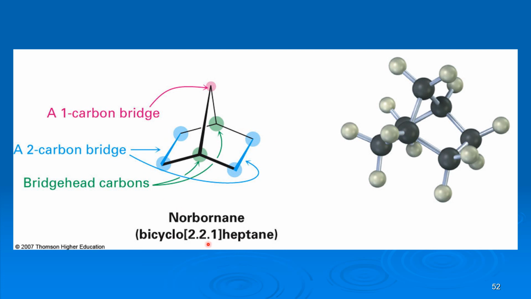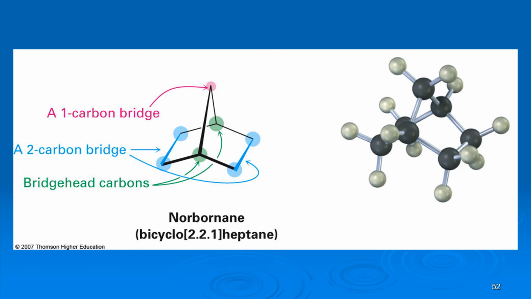And what these numbers mean is that there's this bridge, this is called the bridgehead, where the two rings are fused together. This is one bridge here that has two carbons. Here's another bridge that has two carbons, so that's where the 2 and 2 come from, and then the third bridge only has one carbon, and then the heptane means that there's 7 altogether.